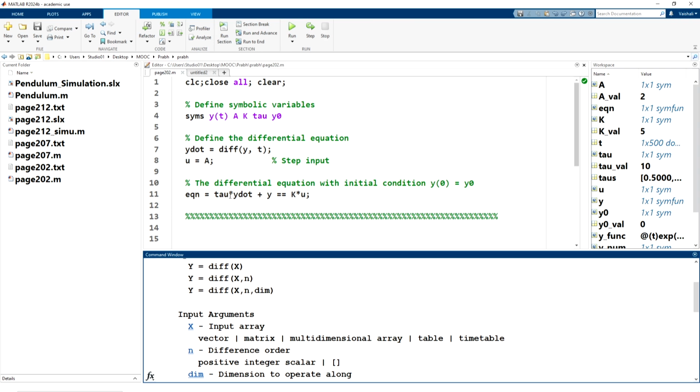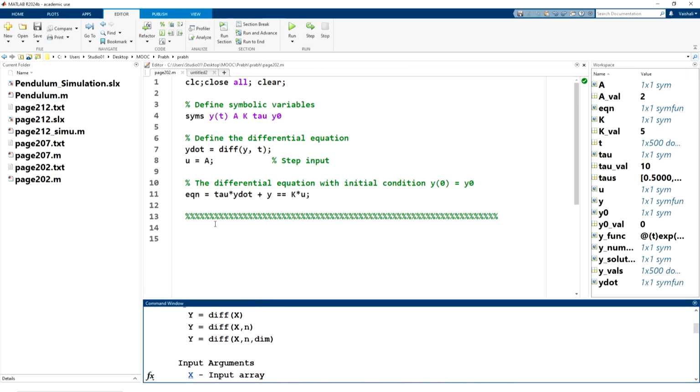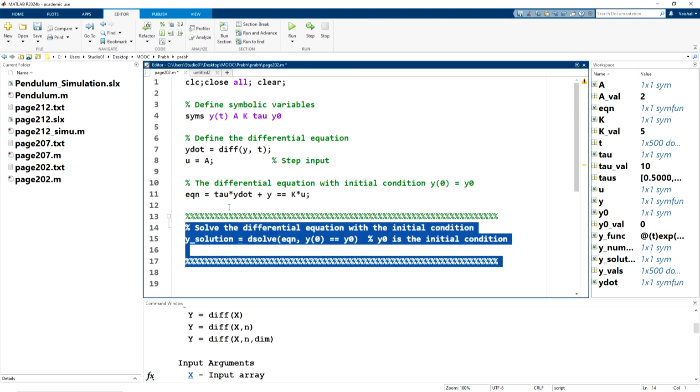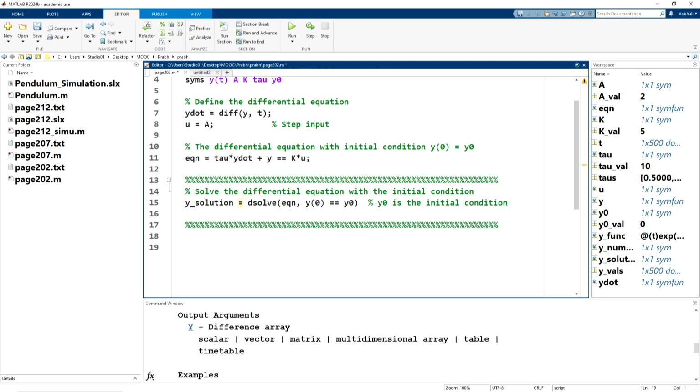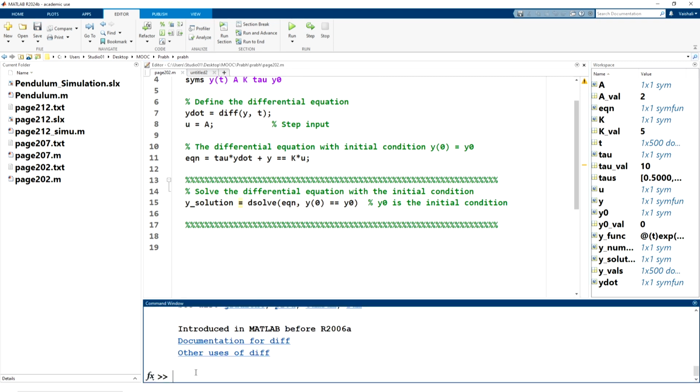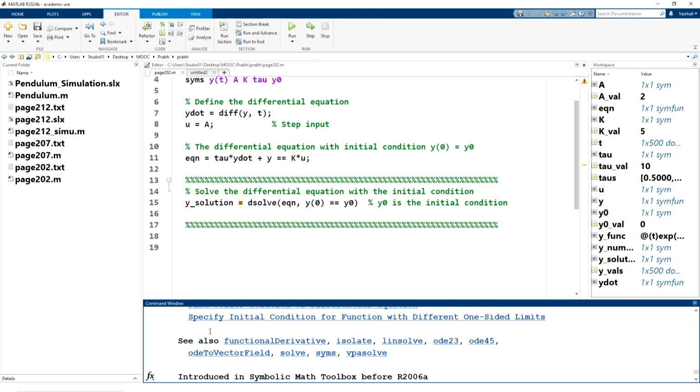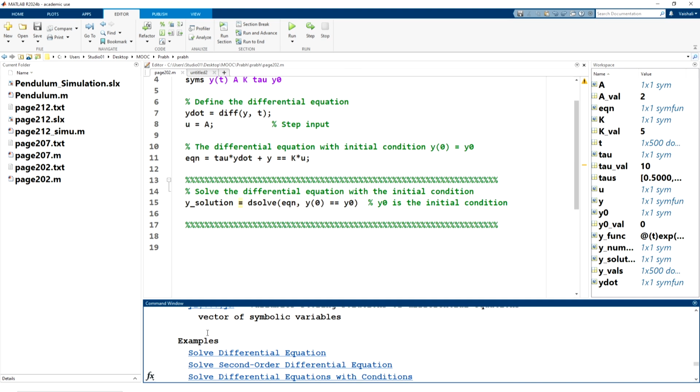Now we will find the solution of this differential equation directly in MATLAB. Solve the differential equation with the given initial condition. I have written y solution equals to dsolve. Again, if you want to know information about dsolve, you can look it here.